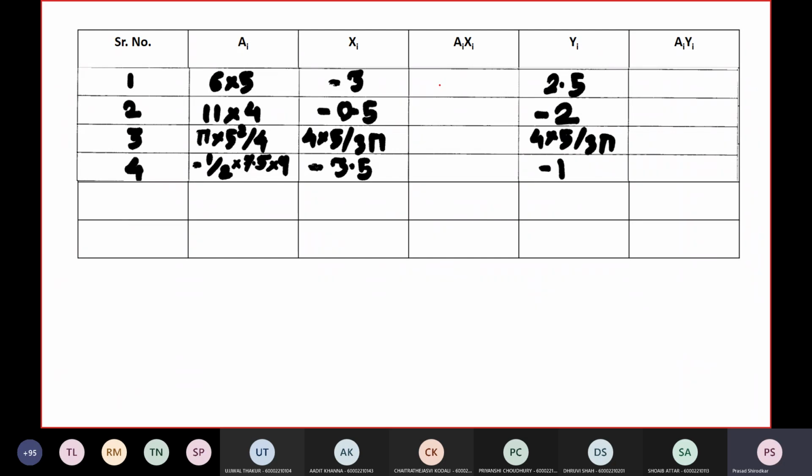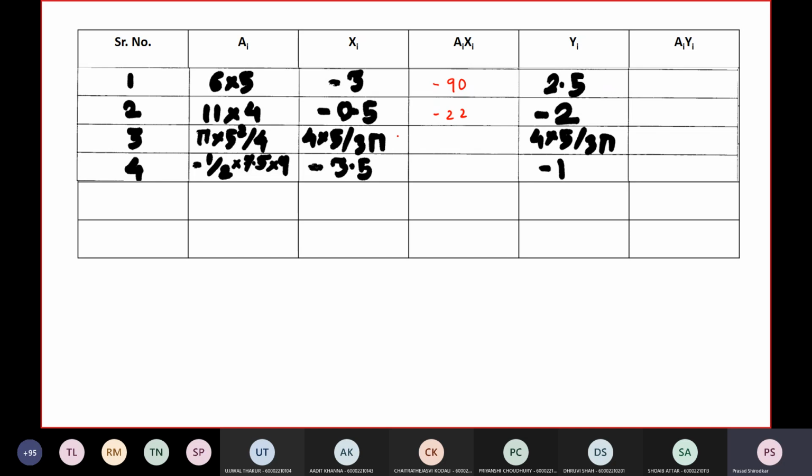Just write the answers for the speed. Just tell me whether these are correct or not. Minus 90, minus 22.